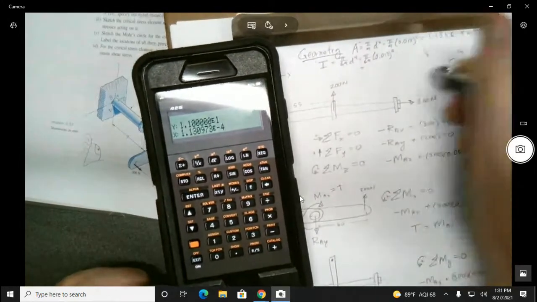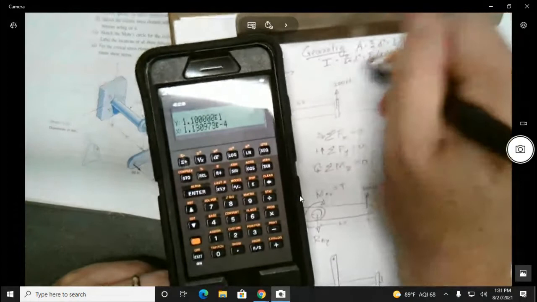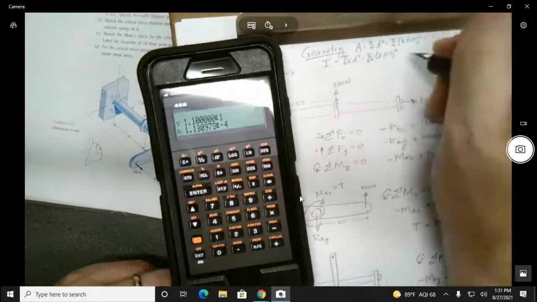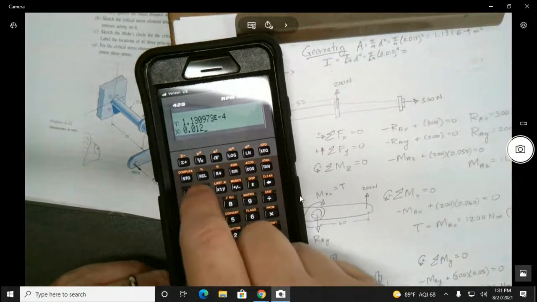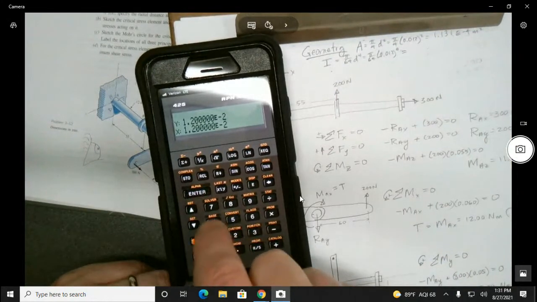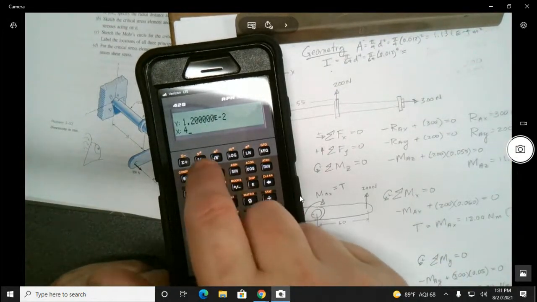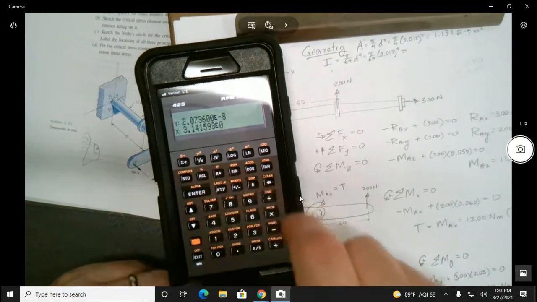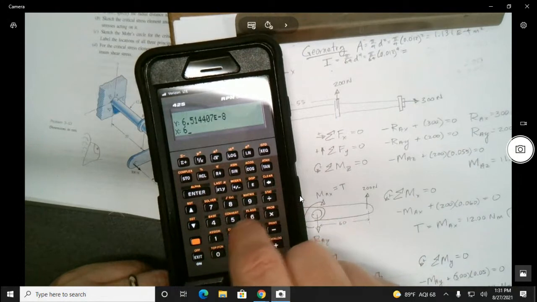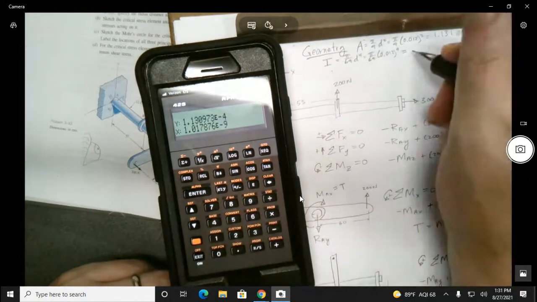Okay, maybe I'll just erase this. There you go. 0.012 and a 4, raise it to that, and then pi times, and then 64 divide. I think that's going to be right.